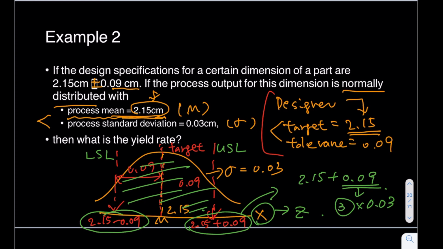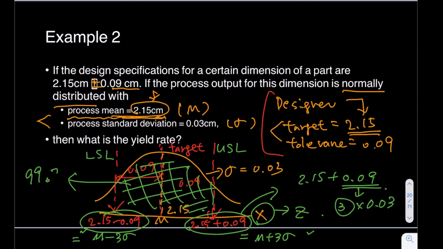Actually 3 sigma, right? So this is mu plus 3 sigma, and the other side is mu minus 3 sigma. In this special case, we already know this area is 99.7%, even without converting to the standard normal distribution. If you want, you can do it.